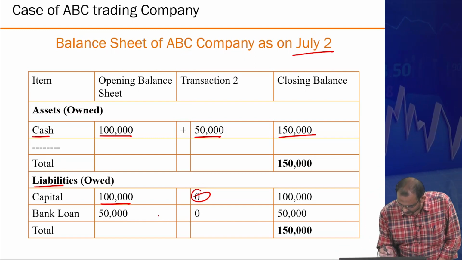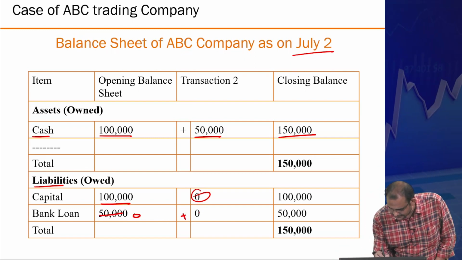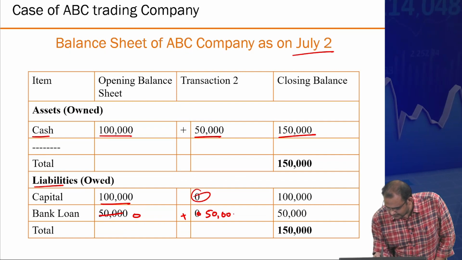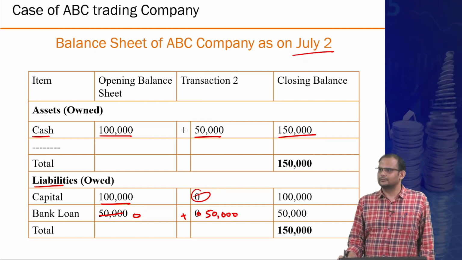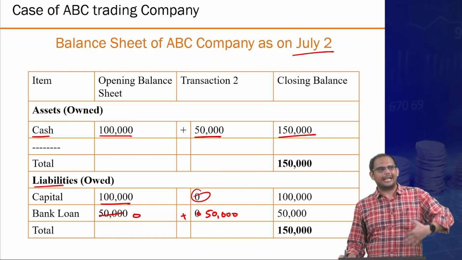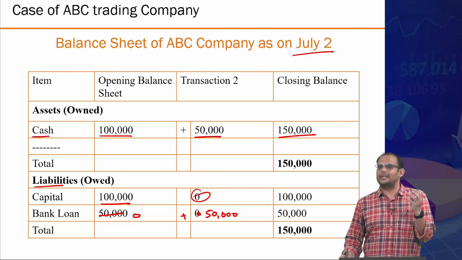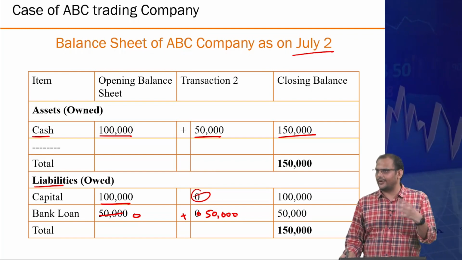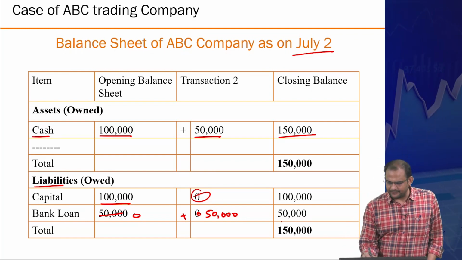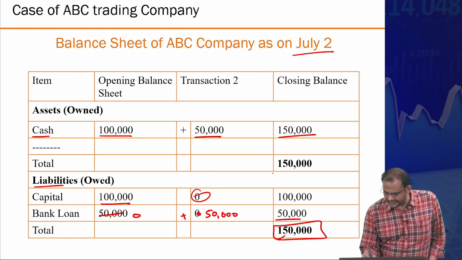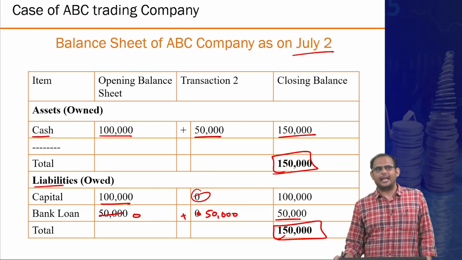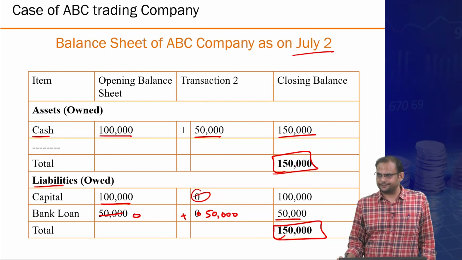The bank loan should come like this. There is a new liability head created, essentially a new liability account for the company. There is a plus 50,000, 150, 150. Assets and liabilities are equal.